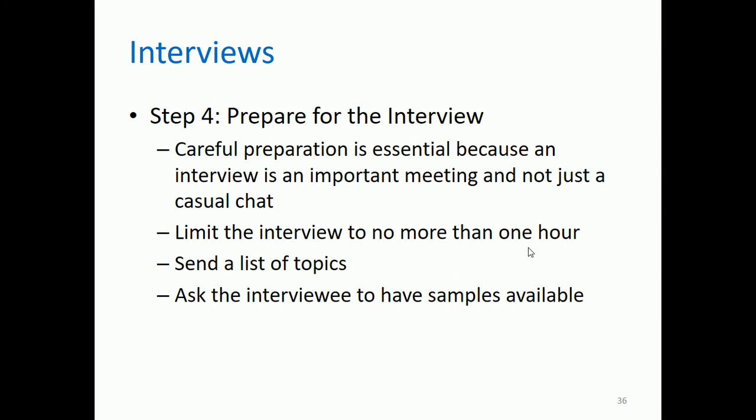Okay, next we have step 4, prepare for the interview. Careful preparation is essential because an interview is an important meeting and not just a casual chat. Especially if you are interviewing an employee with a high position in the company, would you wear casual clothes? Of course not.